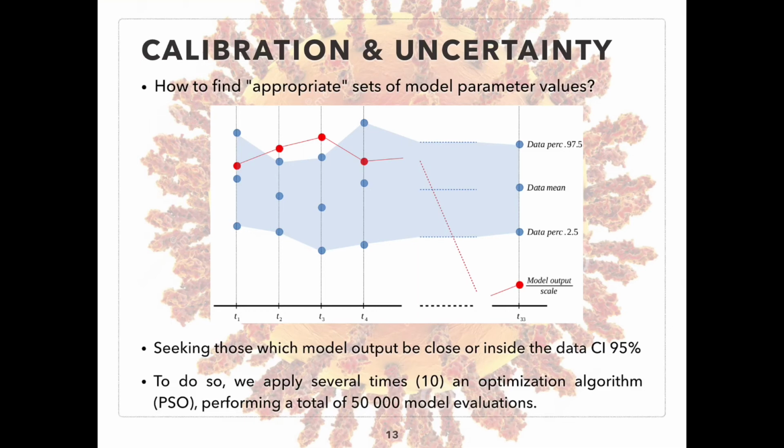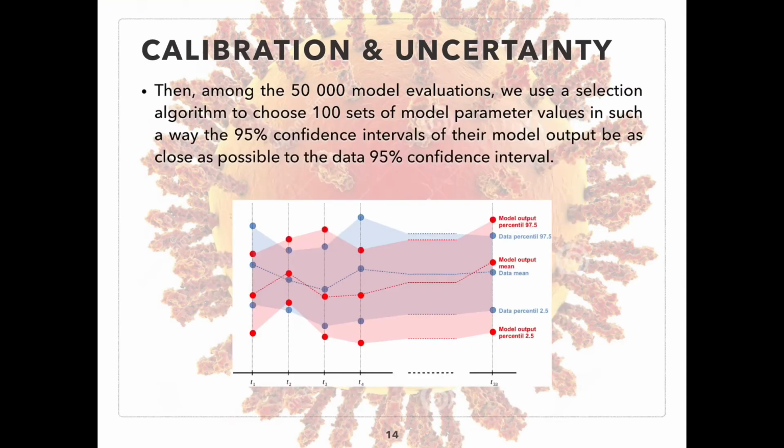We are going to select the model parameter values among these 50,000. To do that, we use a selection algorithm in order to choose 100 sets of model parameter values in such a way that the confidence intervals of the data and the model output will be as similar or as close as possible.